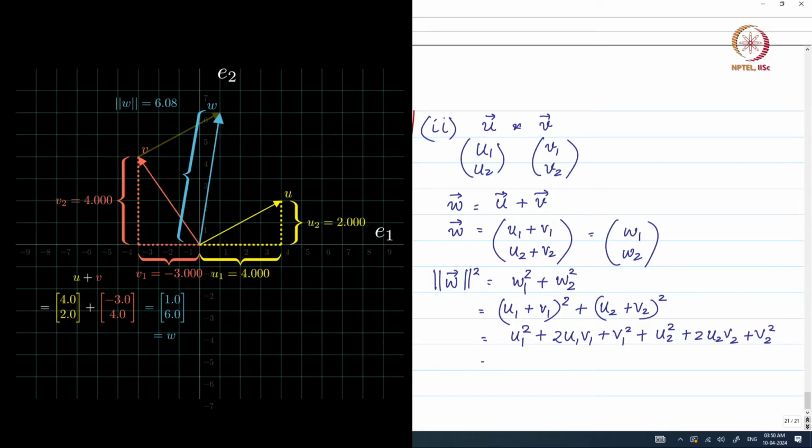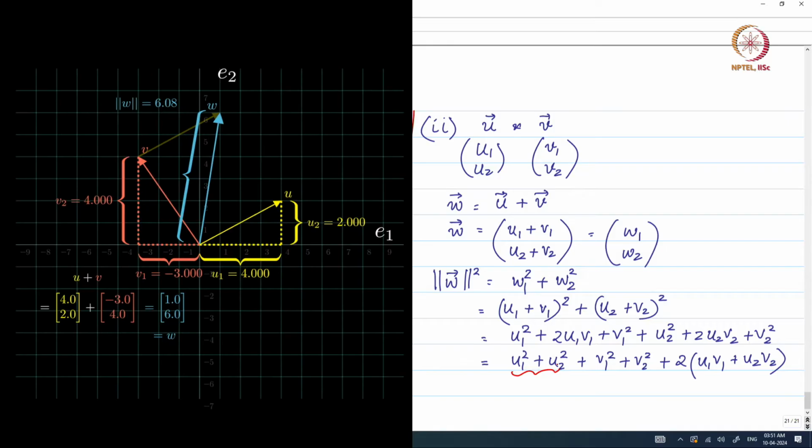Now I can write this as u1 square plus u2 square plus v1 square plus v2 square plus 2 times (u1 v1 plus u2 v2). Now this is something interesting.